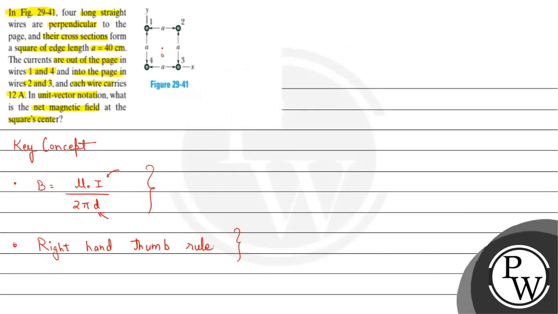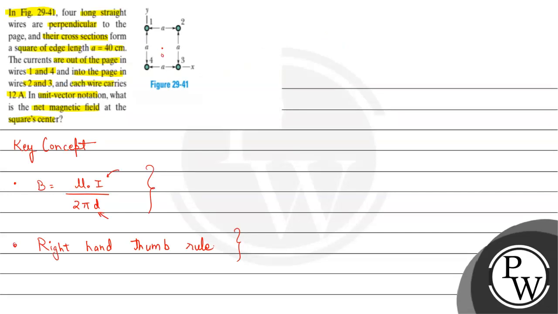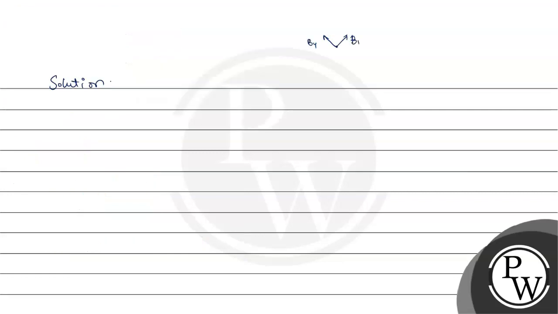Due to wire 4, it is in this direction, and it will be B4. Similarly, wire 2 is going inside the plane, and hence its field will be in this direction by the right hand thumb rule. So B2 will add along with B4, and B3 will add along with B1. These are the net magnetic fields, and their constituents will come in this direction.